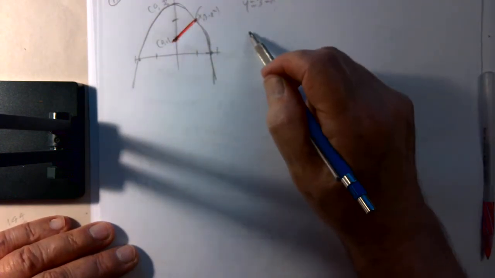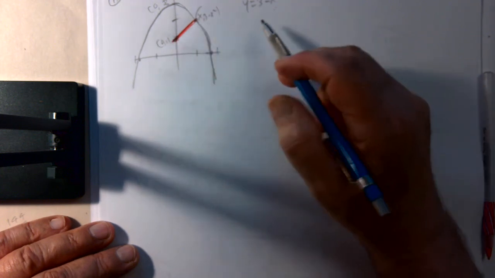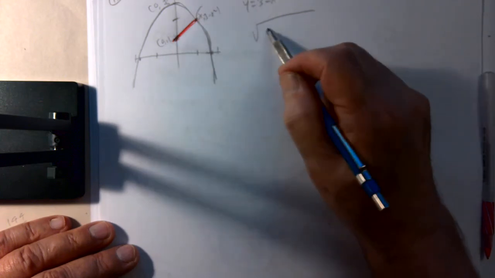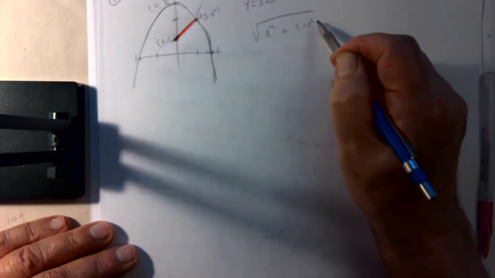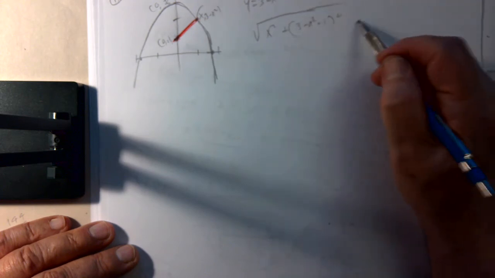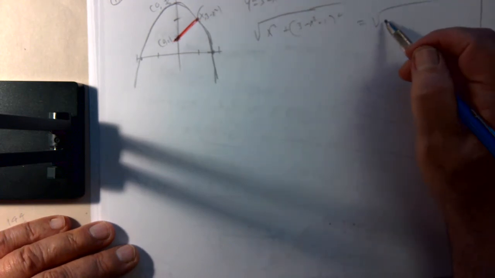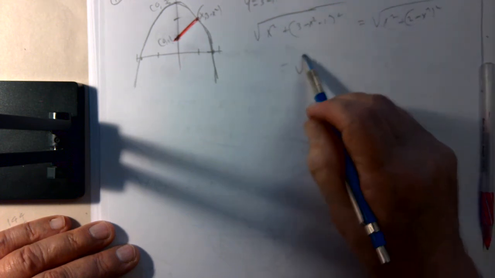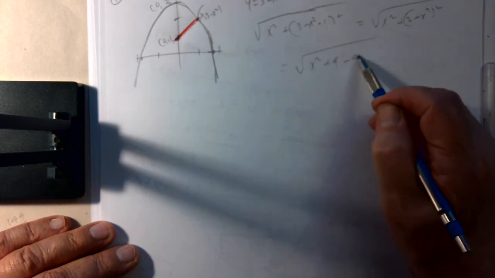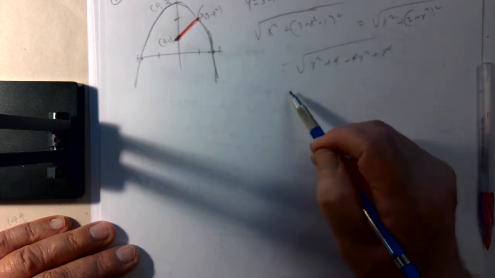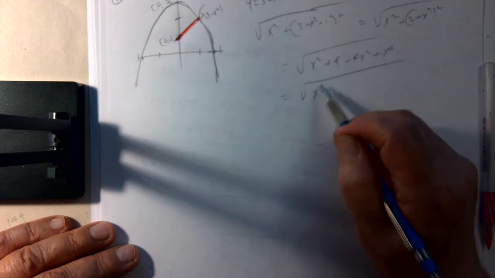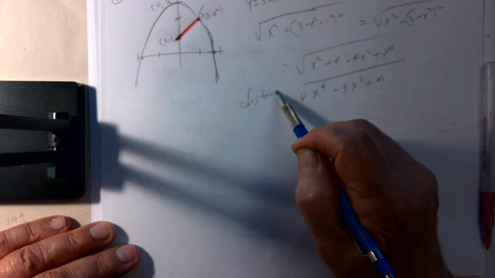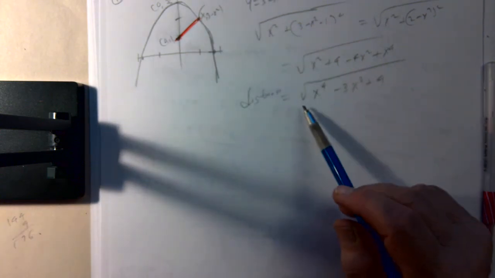So the distance formula says the distance from this point to this point is the square root of the differences of the coordinates squared, x minus 0 squared plus 3 minus x squared minus 1 squared, which is the square root of x squared plus 2 minus x squared squared, which is the square root of x squared plus 4 minus 4x squared plus x to the 4th, which is the square root of x to the fourth minus 3x squared plus 4. That's the distance.